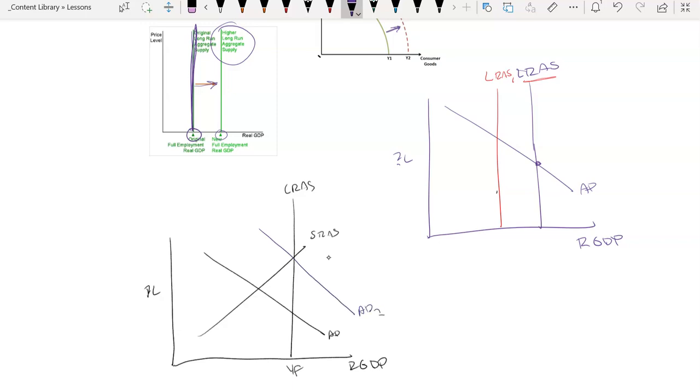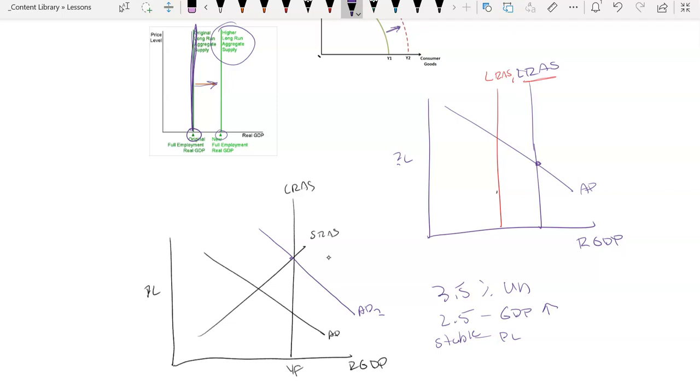We were near full employment. We had 3.5% unemployment. We had 2.5% real GDP growth. We had price levels that were stable. We were very nearly at our long run aggregate supply, near our potential.